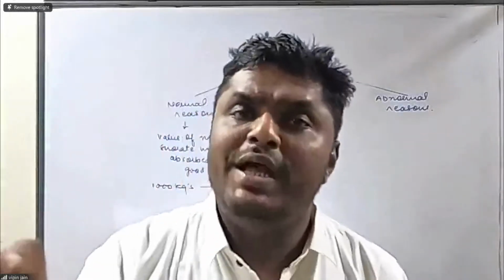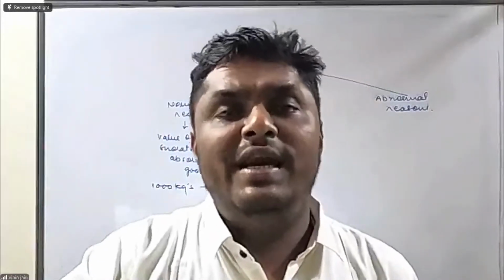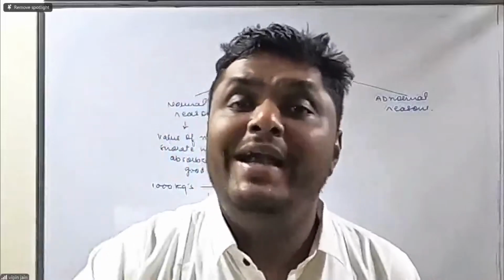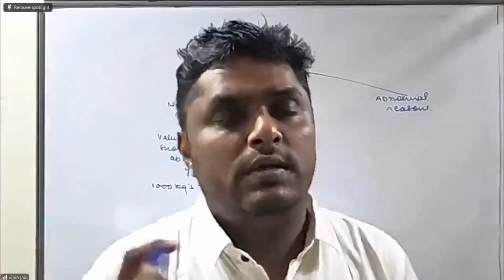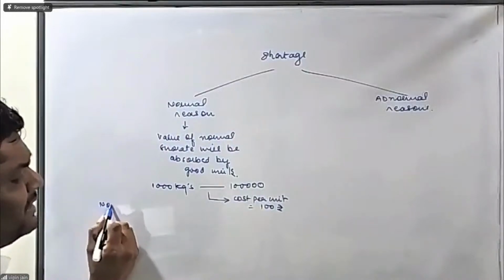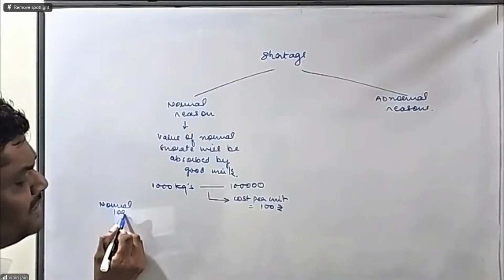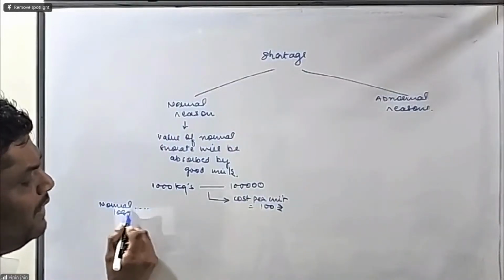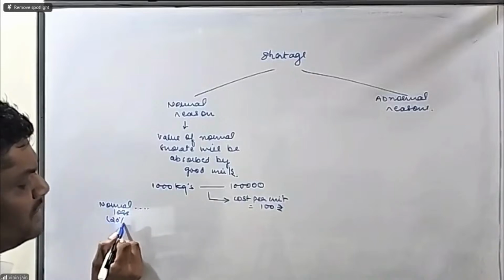Now, due to the nature of the product, generally the company has assumed that 20% will be the normal loss. So due to the nature of the product, there is a normal loss that is bound to happen. We call it the normal loss, that is 20%.